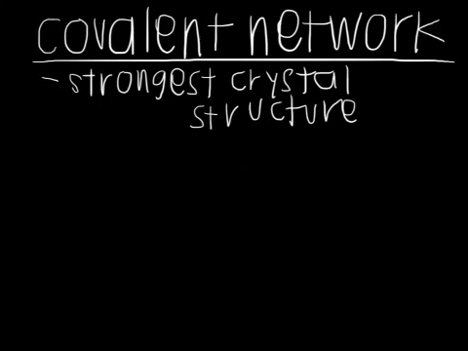Next, we have covalent networks. Covalent networks are the strongest kind of crystal structure. One example of a molecule that has a covalent network is diamond, which is made of carbon.